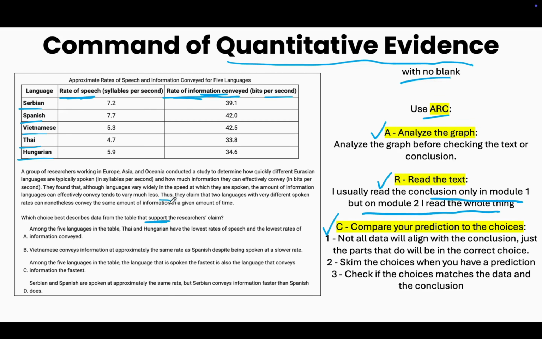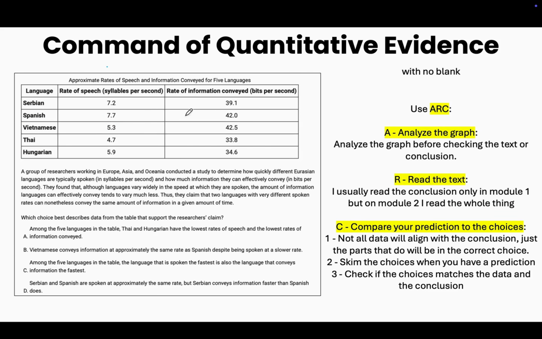So we need to look for a pair with very different speeds or rates of speech, but similar rate of information conveyed. I can see that these two have high rates of speech, relatively speaking, while the other 3 have low rates of speech. So we need to pick one from the high rate of speech and one from the low rate of speech. I can see that the rate of information conveyed for Spanish is similar to the rate of information conveyed in Vietnamese.